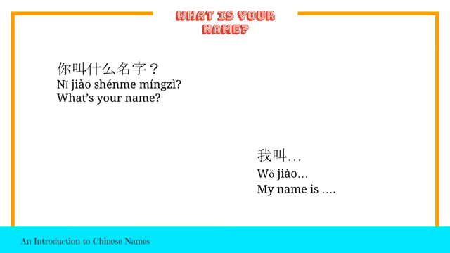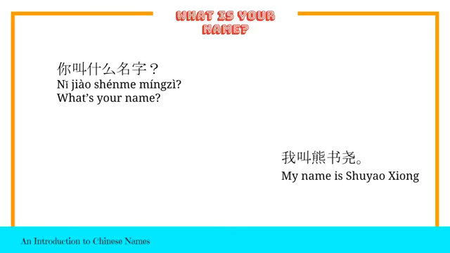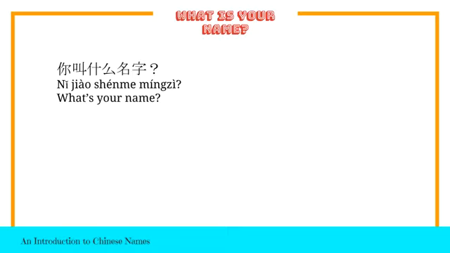So I would say 我叫熊书瑶. Okay, now it's your turn. 你叫什么名字? If you don't have a Chinese name, that's okay. You can say 我叫 and then use your own name. 你叫什么名字? 我叫.